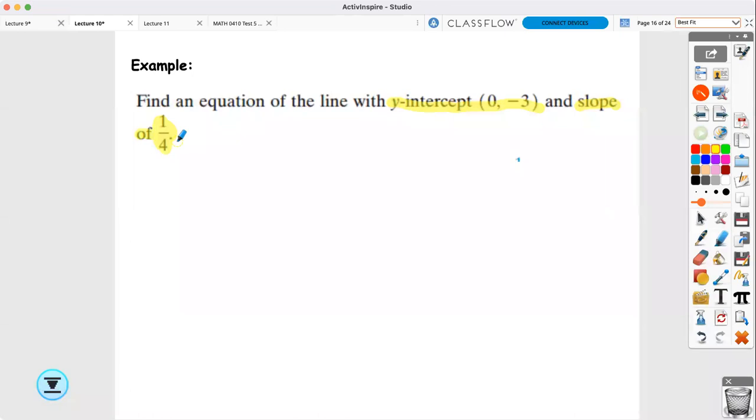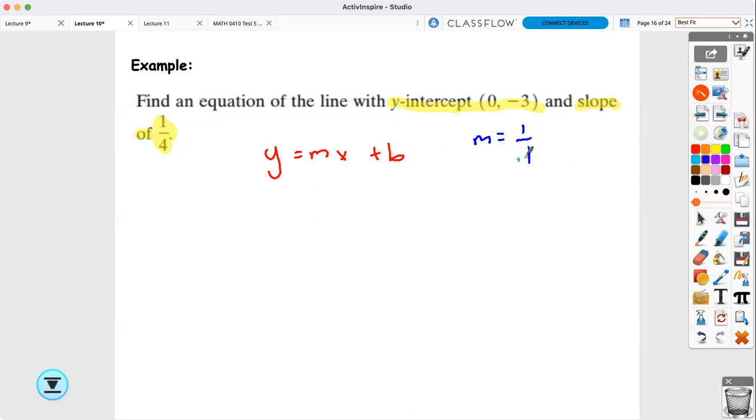Now, is there any linear equation we know that involves the intercept and the slope? Yeah, we do. We have the slope-intercept form, which is y equals mx plus b. Now, from this example, can you tell me what m is? Is it -3 or is it 1/4?